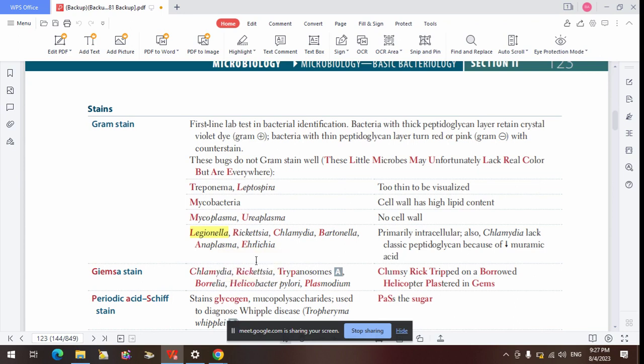The reason we cannot gram stain these guys is because they are intracellular. When we say an organism is intracellular, it means that it stays within some cells of the host. For example, if somebody gets infected with chlamydia, it is not going to stay in the plasma. Chlamydia will be engulfed by macrophages, so it stays within the macrophages.